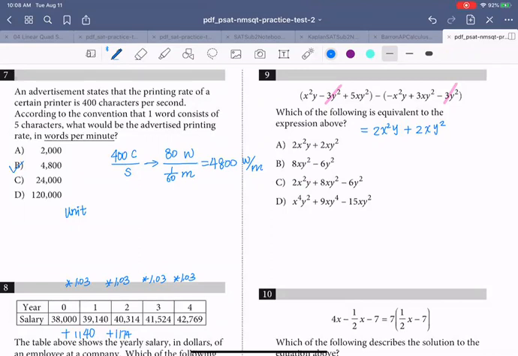Do you get the same answer? Wait, not yet. I didn't finish it. Okay. Plus 3y squared, 3xy squared.